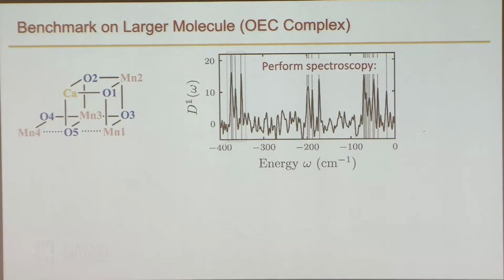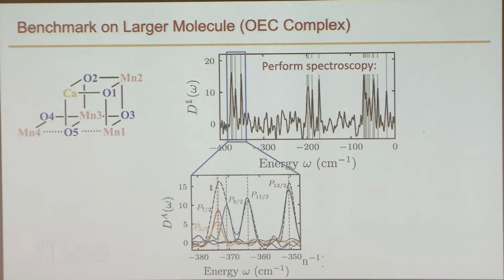But then what we do is zoom into this lower energy region, because that's what, for example, in chemistry dominates chemical reactions and so on.